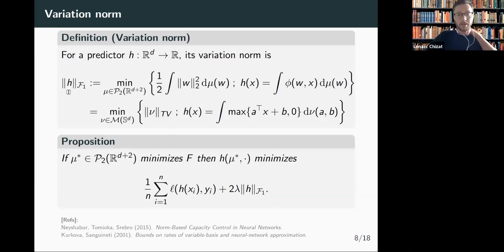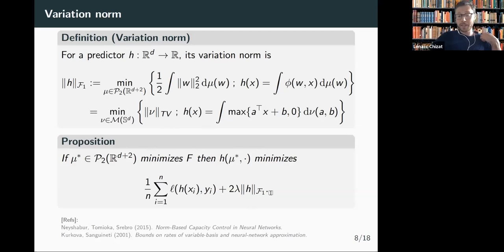Given its definition, we can easily see that if we have a probability measure mu star which minimizes our objective F with some regularization term, then the associated predictor, the two-layer neural network associated to this measure, will minimize the empirical risk with F1 norm regularization.